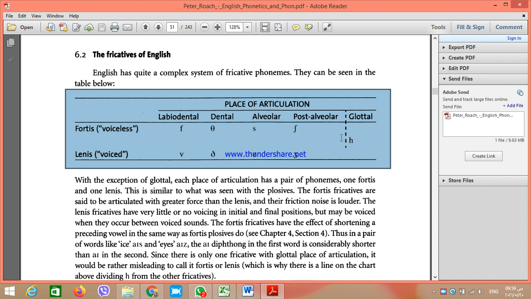We have only the voiceless glottal fricative h. For the others, we always deal with them in pairs. So this line includes Fortis fricatives, while this one includes voiced or Lenis fricatives.